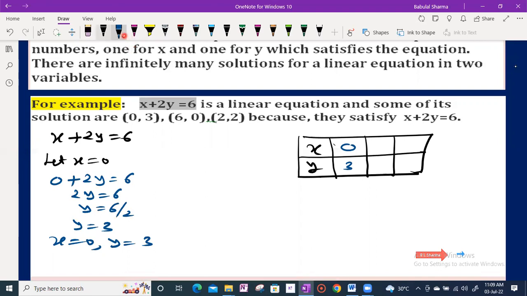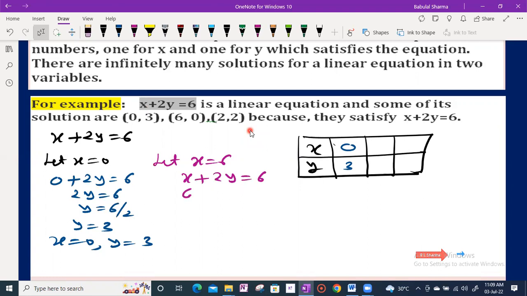Further, second solution, let x is equal to 6. In this equation, put 6 in place of x. 6 plus 2y is equal to 6. So we can write here the equation is x plus 2y is equal to 6.